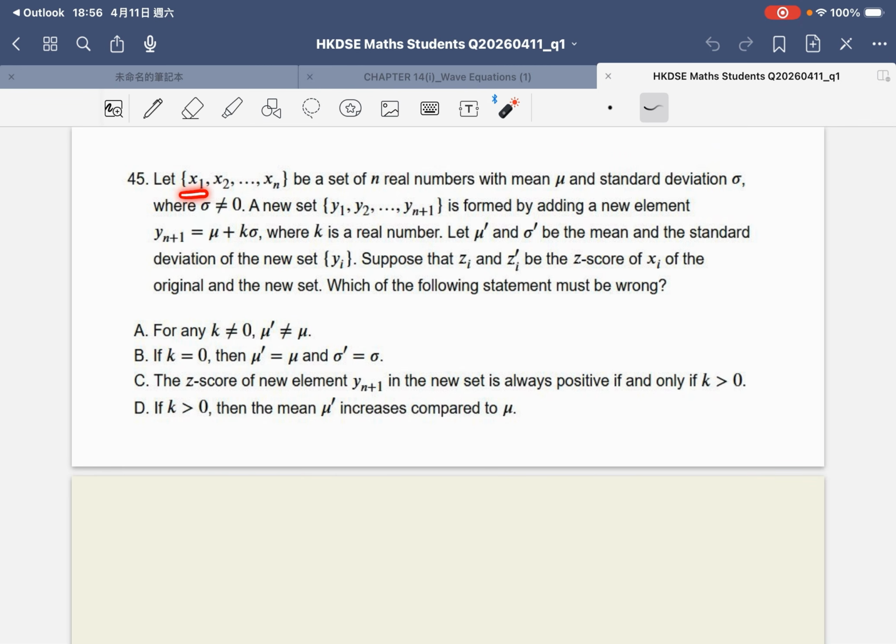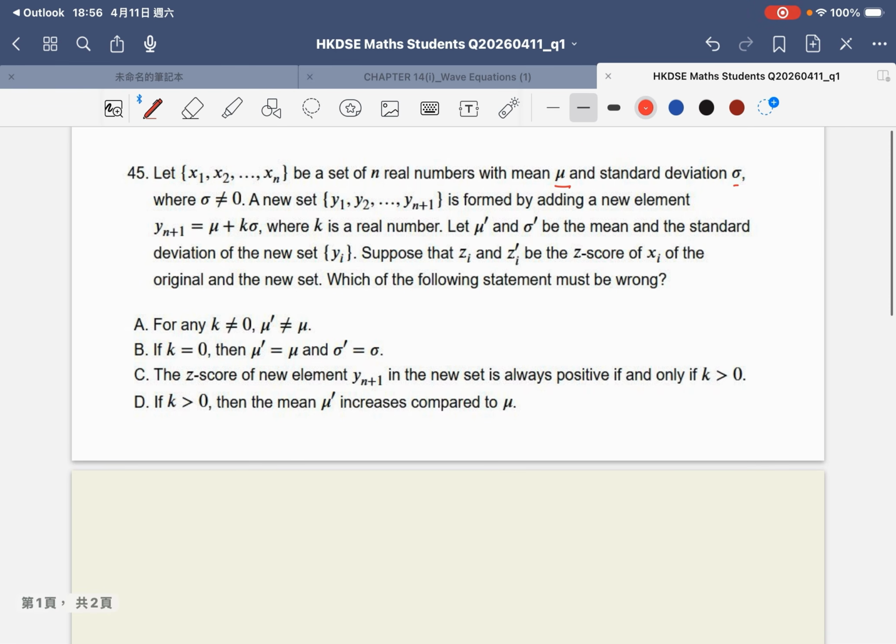Let x1 to xn be a set of n real numbers with mean mu and SD sigma. I think I can write down that mu is equal to (x1 plus ... plus xn) over n, and sigma square is equal to ((x1 minus mu) square plus ... plus (xn minus mu) square) over n.